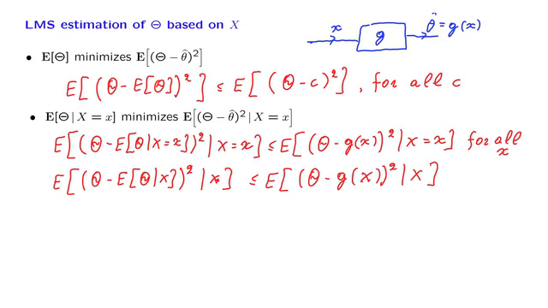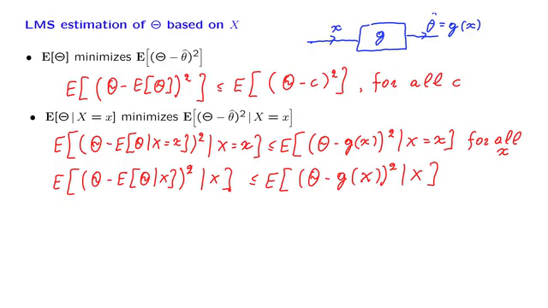When x takes the value little x, we're conditioning on this event, and when x is equal to little x, this quantity takes on this particular numerical value. And similarly, on the other side, this is a random variable that takes this particular numerical value whenever capital X is equal to little x.